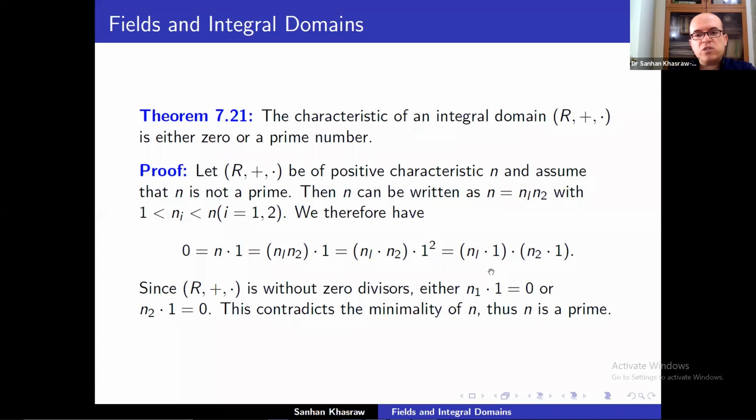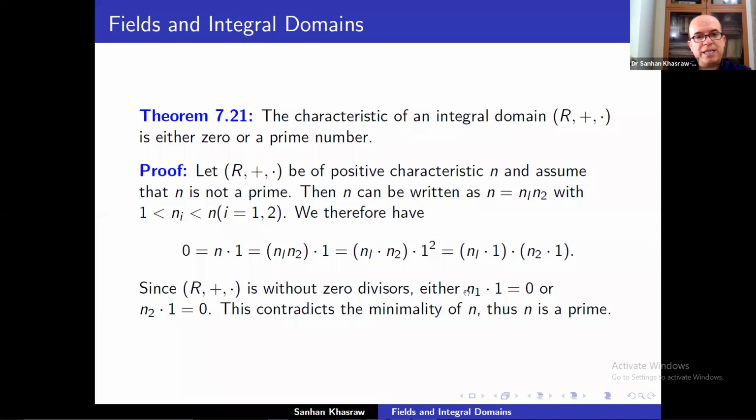And our ring has no divisors of 0. Then one of these must be equal to 0. So either n1 times 1 is equal to 0 or n2 times 1 is equal to 0. If n1 times 1 is equal to 0, then the characteristic of R is going to be n1.